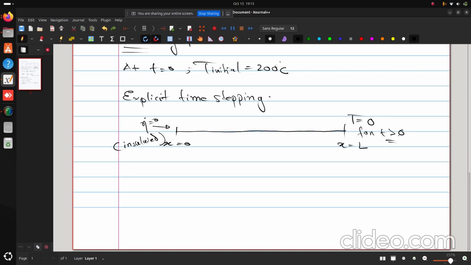That is, just after we start our experiment, the temperature at the right hand side boundary abruptly goes down to 0, and T initial is nothing but 200 degrees Celsius, or we can just take Kelvin for our convenience. Okay.